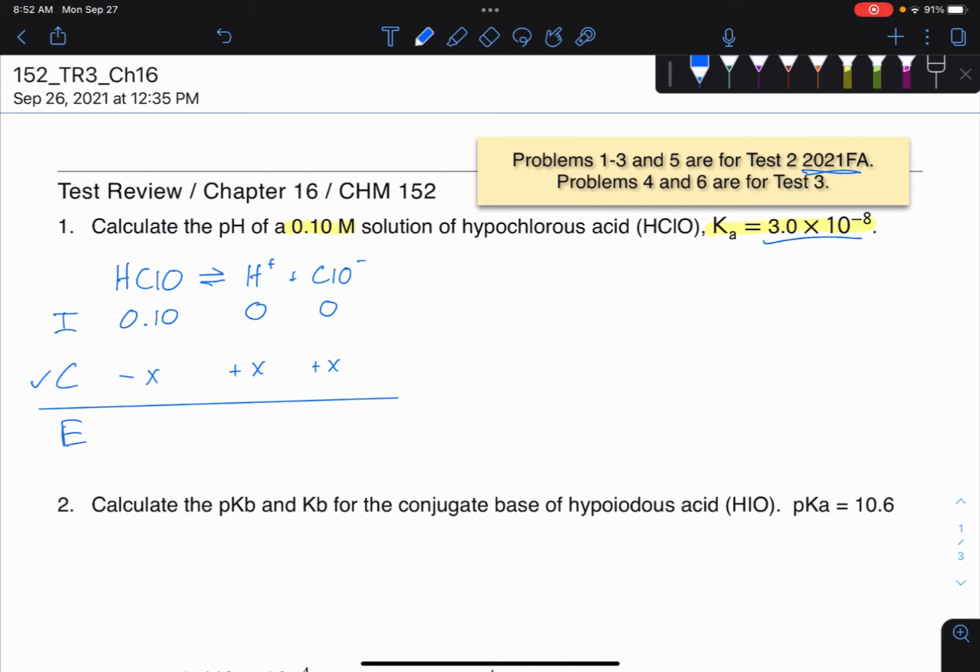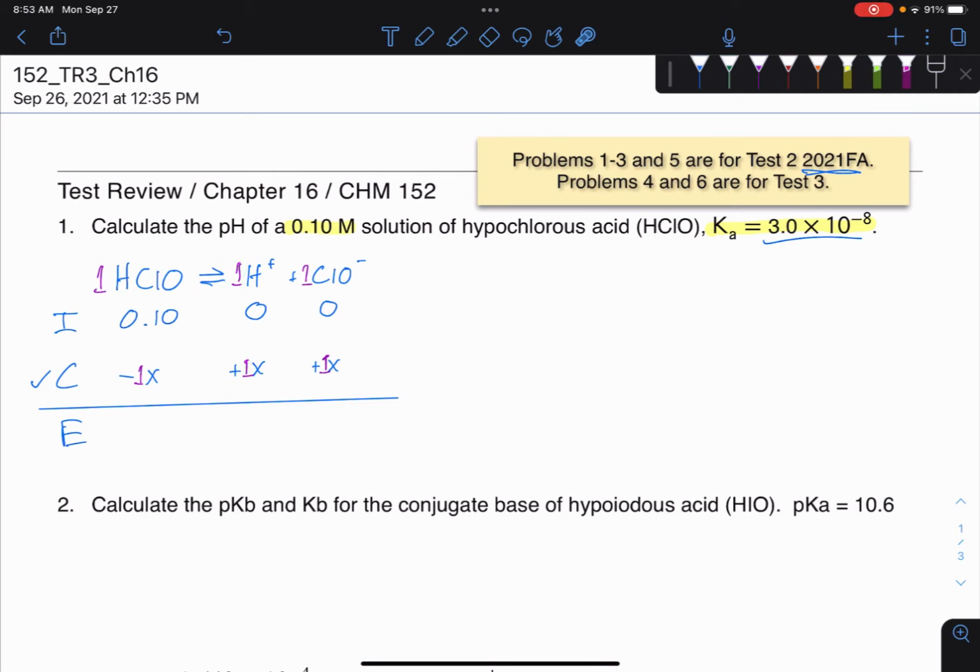The reason it's 1X all the way across is because these hydrolysis reactions, even for di- or triprotic acids, are done in stages of the loss of a single proton, and the result is a 1:1:1 ratio for the X's. If there were coefficients such as 2, then it would be a 2X change on the C line.